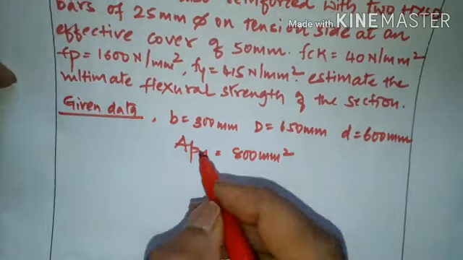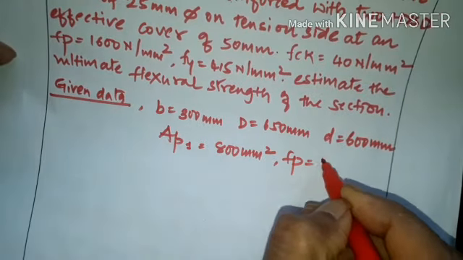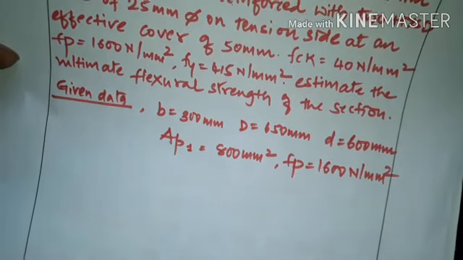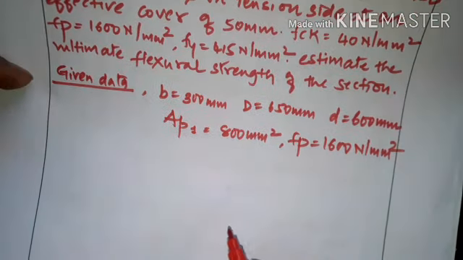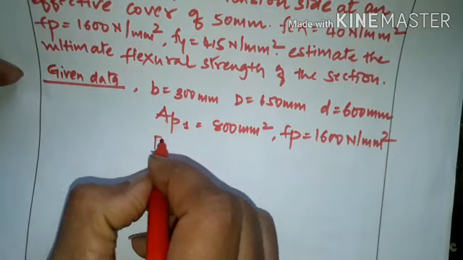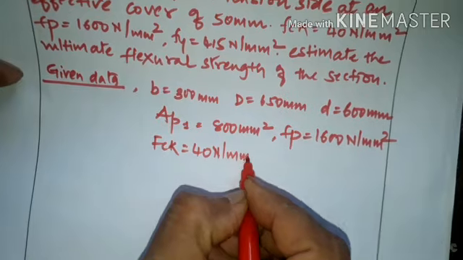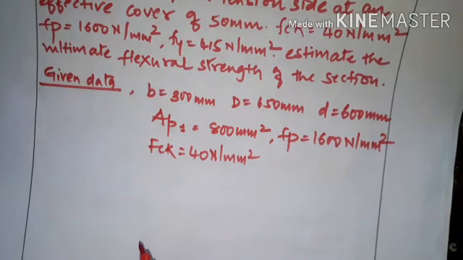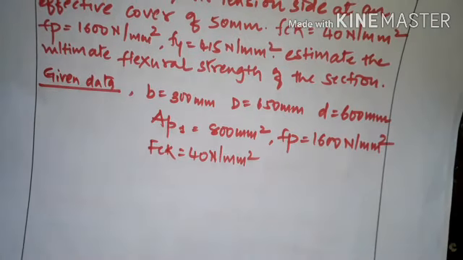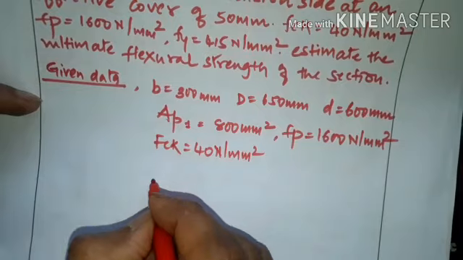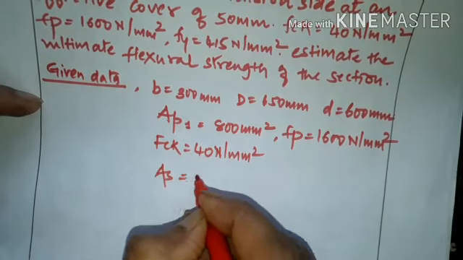Then Fp is given as 1600 Newton per mm square, and fck is given as 40 Newton per mm square. So by using this we have to find out the moment of resistance.